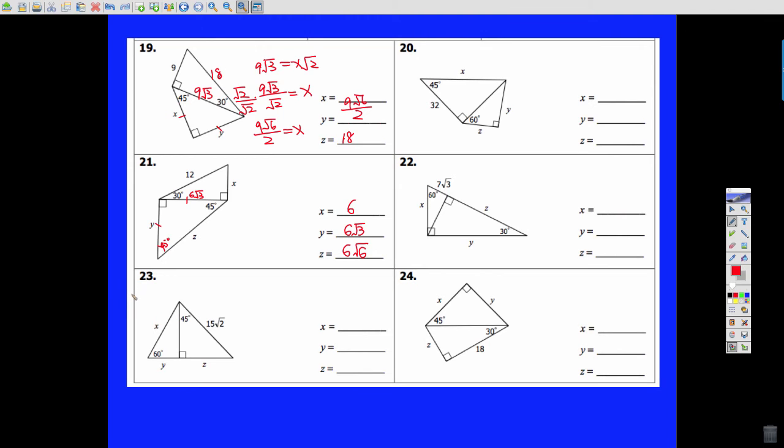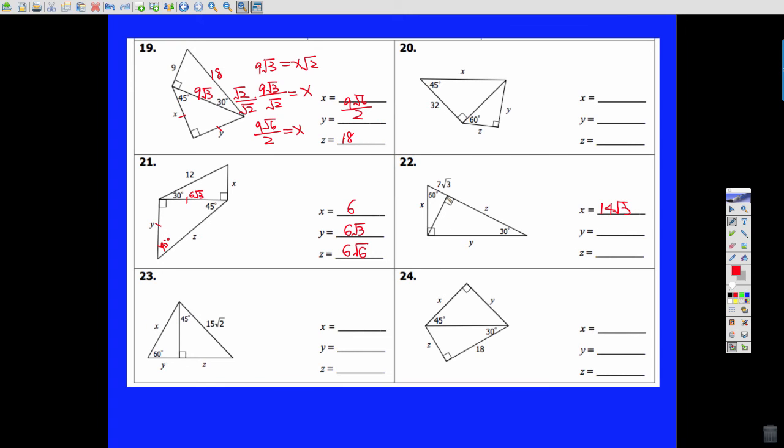Number 23 is very much the same. You solve for z first in this right triangle, and then go for the other special right triangle. Number 22, it looks intimidating, but notice in here, I like 30-60-90 slightly better, only because when the short leg is given, I immediately have the hypotenuse, which is 2 times the short leg, and that's 14 root 3.